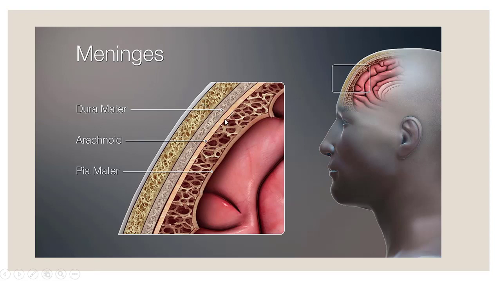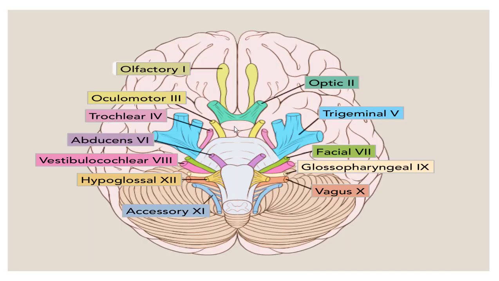The arachnoid, which is found between the dura mater and pia mater, contains a transparent fluid to protect the brain. Next, we should know that the brain connects with 12 nerves, which are called cranial nerves. We will talk about them in detail in the next lesson.